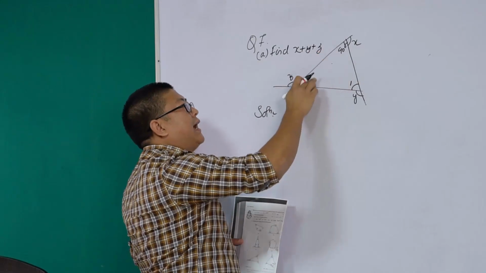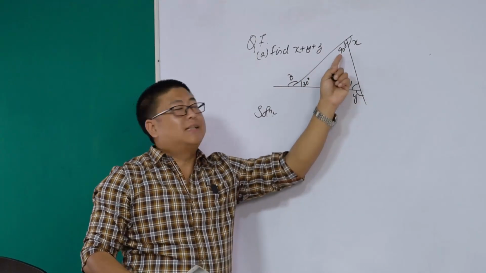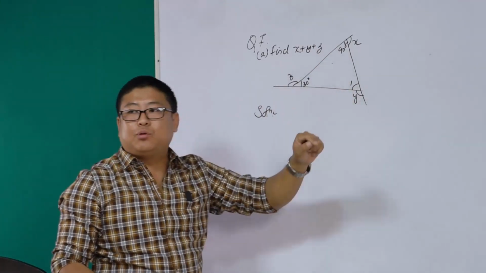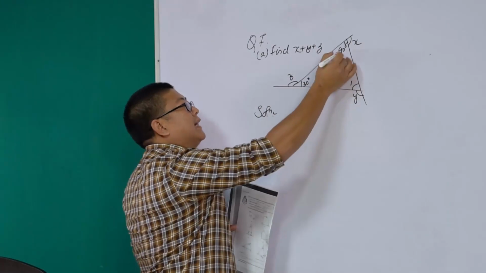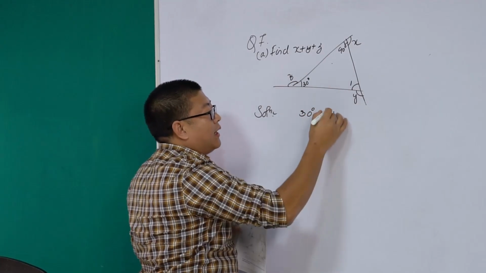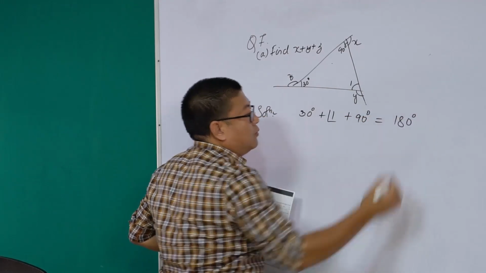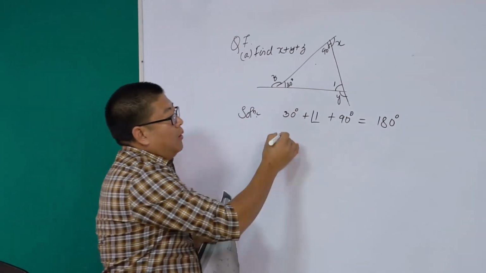We know that the angle sum property of a triangle states that the sum of these interior angles will add up to 180 degrees. So let's add them up. 30 degrees plus angle 1 plus 90 degrees should always come as 180 degrees.